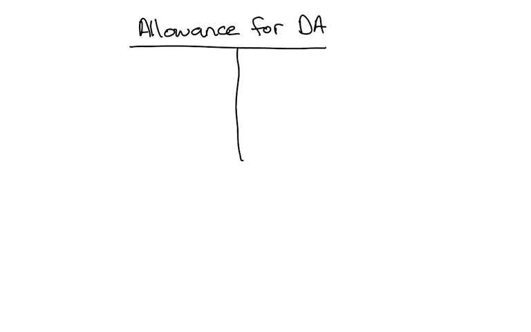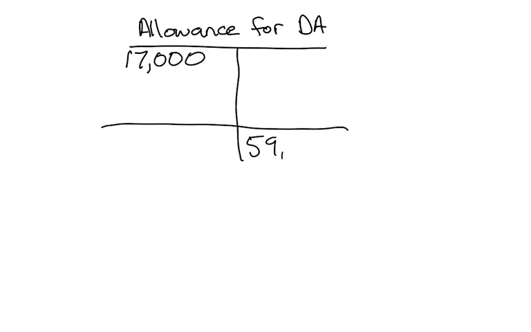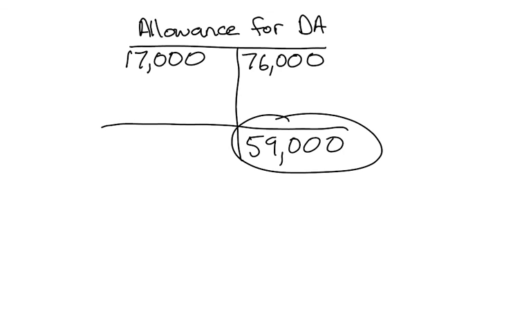And in the question, it already tells us we have 17,000 debit in that account. We're trying to achieve a credit of 59,000. Therefore, we need to credit the account 76,000 in order to get this 59,000 total.